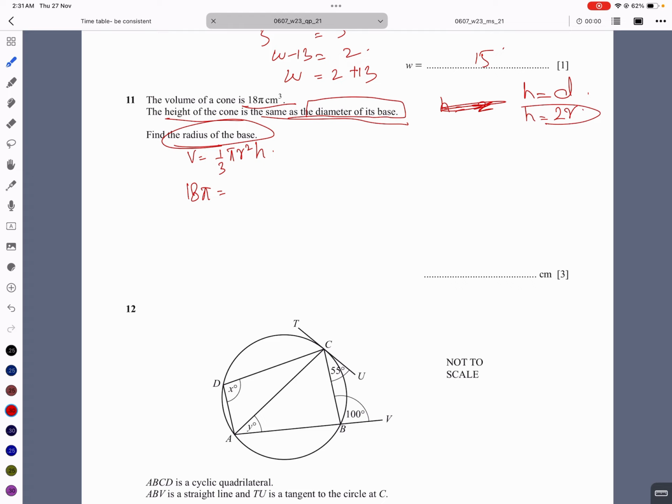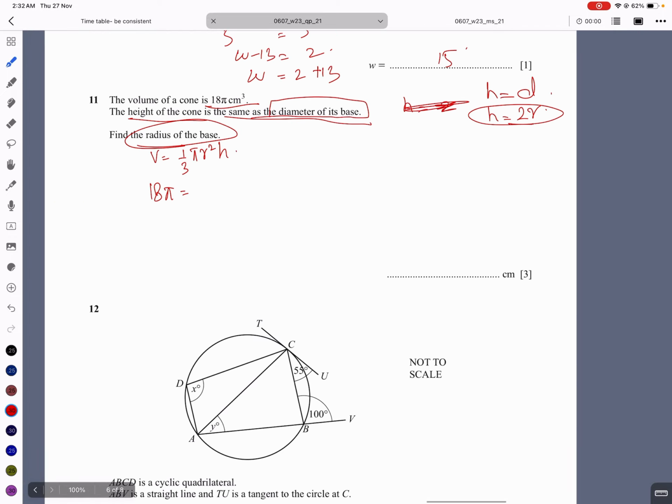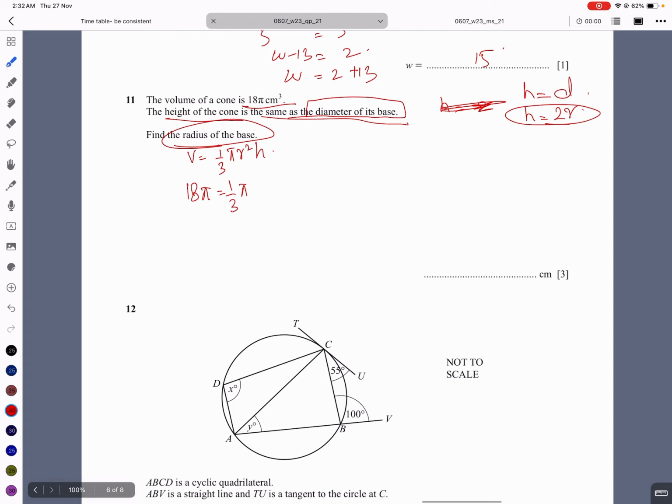So they are saying height is the same as the diameter. So I can rearrange this equation, and instead of height, I can substitute 2r. When things are similar, they can cancel out. 3 will go to the other side and multiply. 18 into 3 is 54.